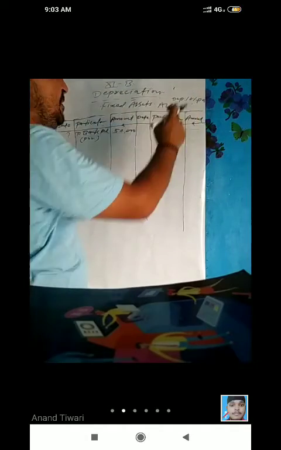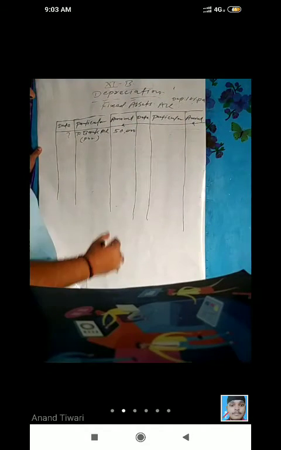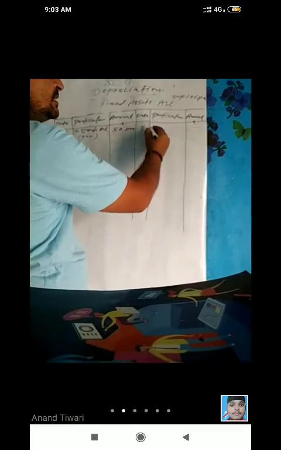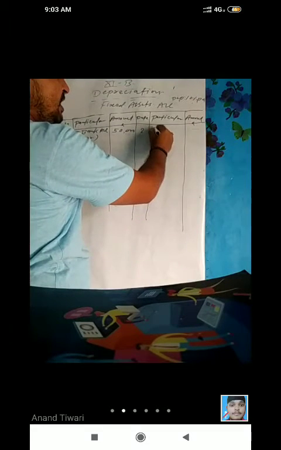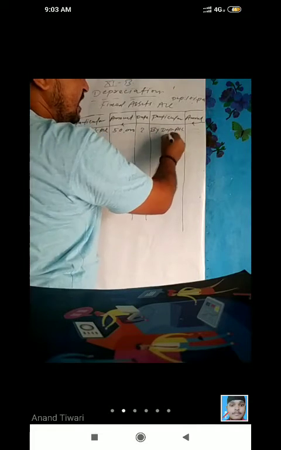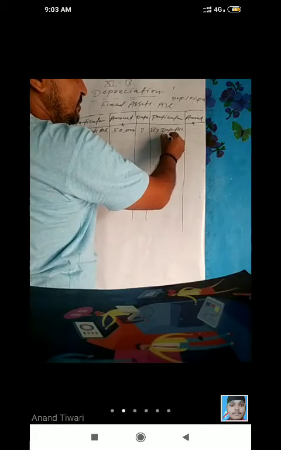So for depreciation, you have to write the date here, and for depreciation you write: by depreciation account. This is annual depreciation.